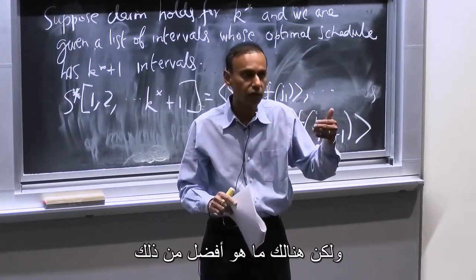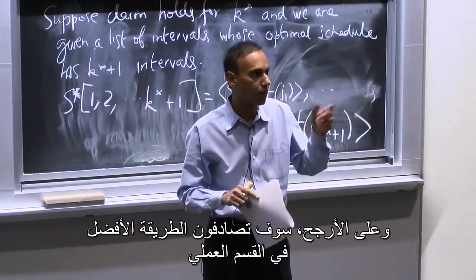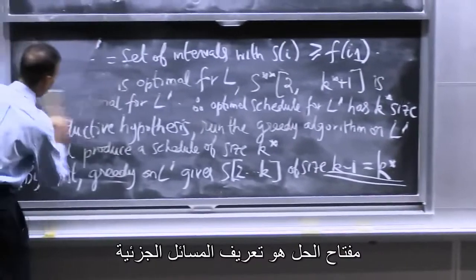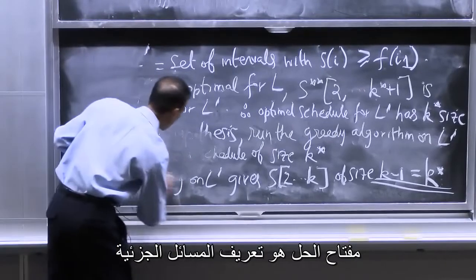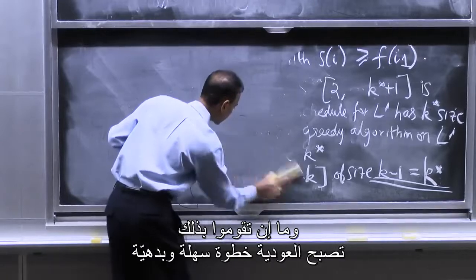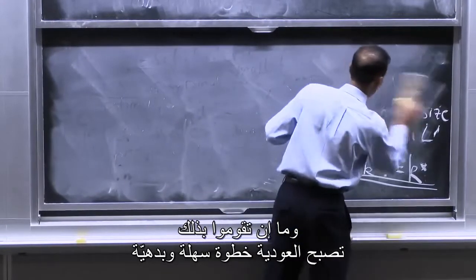But it turns out you can be a little smarter than that, and most likely you'll hear the smarter way in the section. Okay? But let's do the simple one, because that's all I have time here for. And the key is to define the subproblems, and then once you do that, the actual recursion ends up being a fairly straightforward and intuitive step.